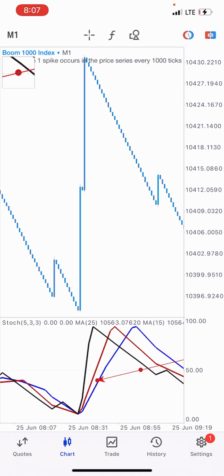These are moving averages on the stochastic oscillator window. Like I said, at the end of this video I will be sharing the settings with every one of you. This strategy still works, so just stick to what I'm teaching.